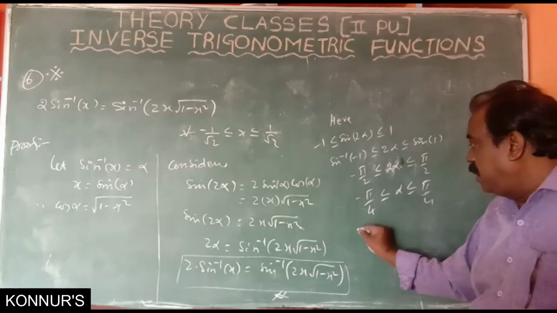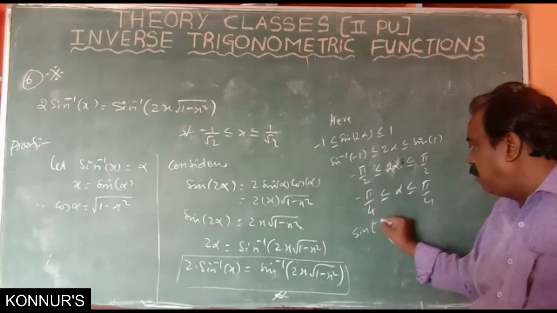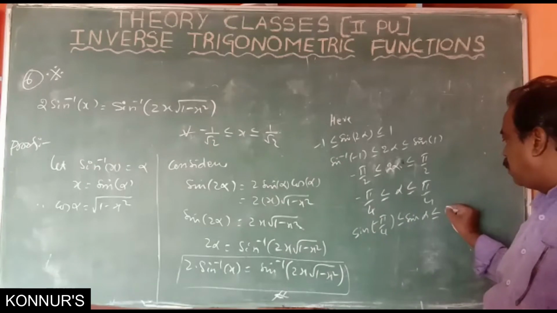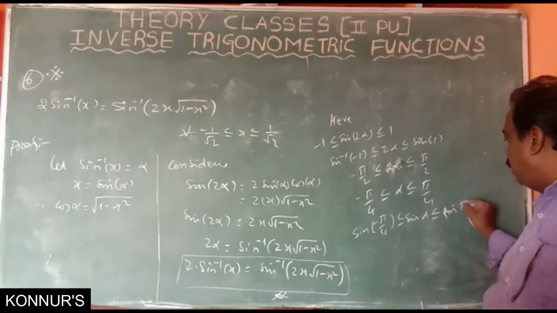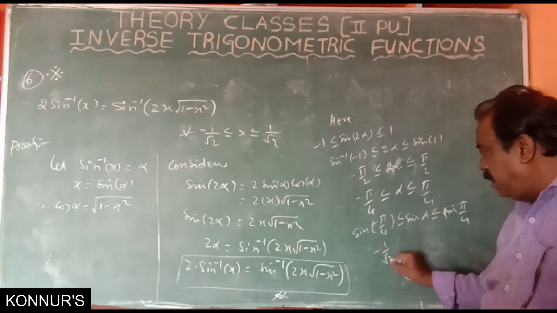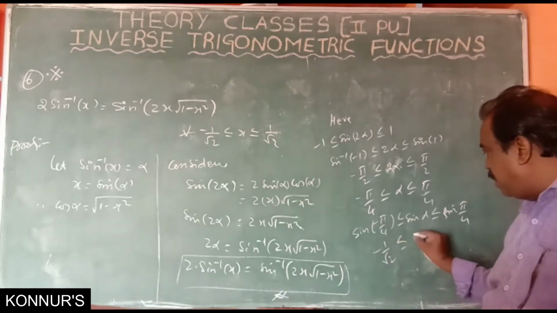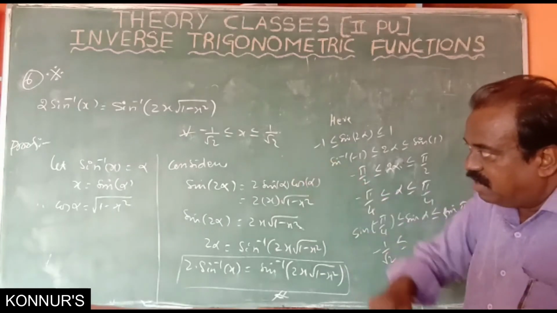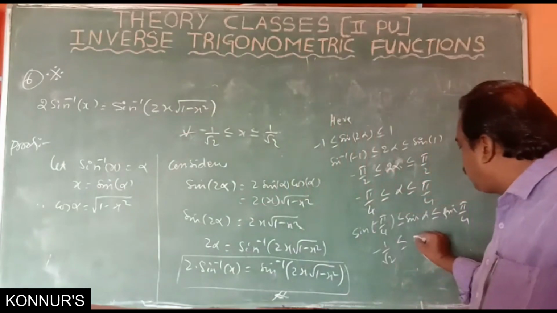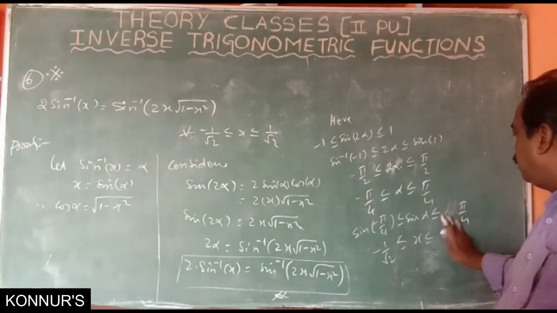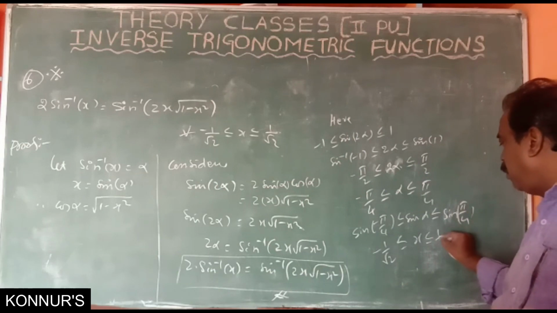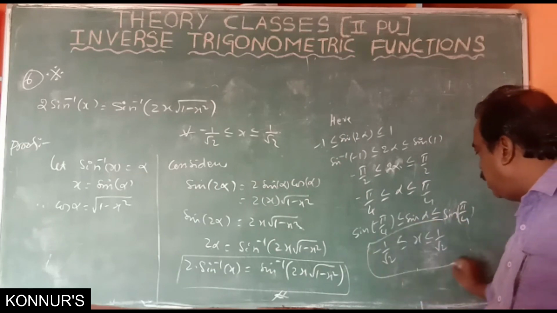Again, we are applying sine: sine of minus pi by 4 is less than or equal to sine alpha, less than or equal to sine pi by 4. Sine of minus pi by 4 is minus sine pi by 4, which is minus 1 by root 2. Sine alpha is x. So x is less than or equal to sine pi by 4, which is 1 by root 2.